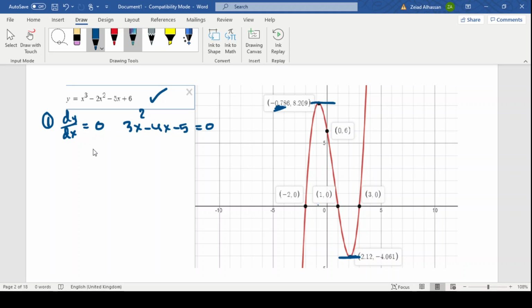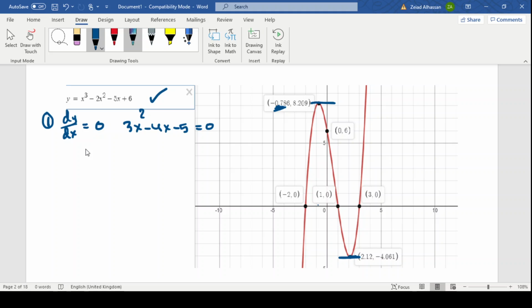Now by using the general formula, we find that x1 equals negative 0.786, and x2 is equal to 2.12.